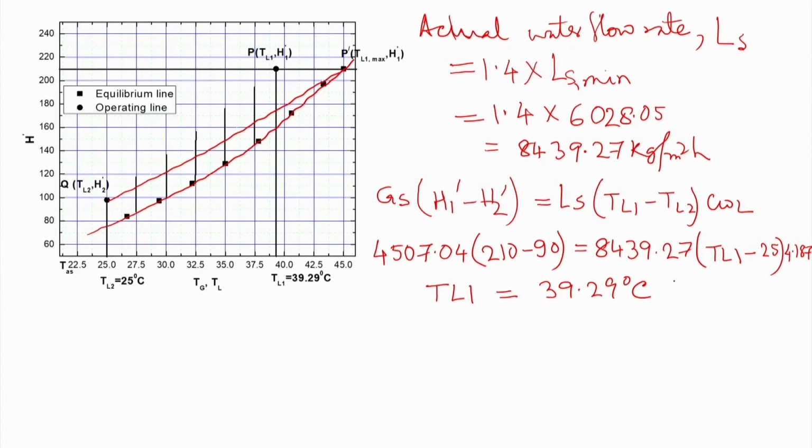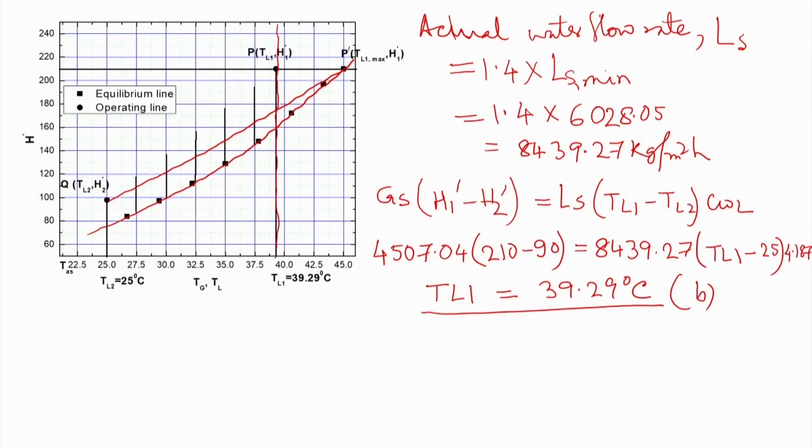This is the answer to the second question, that is, B. So, the liquid water exiting from the cooling tower will attain 39.29 degrees Celsius. Now, you see, this is the line.